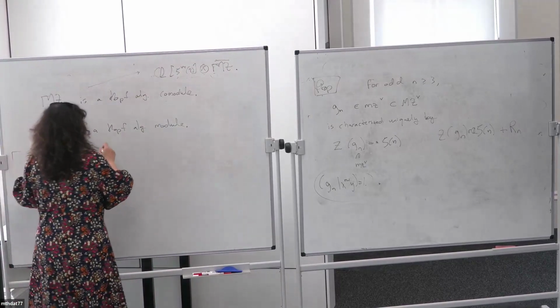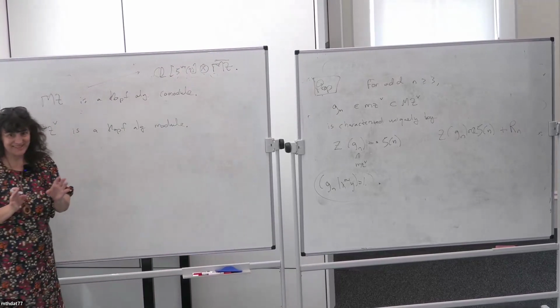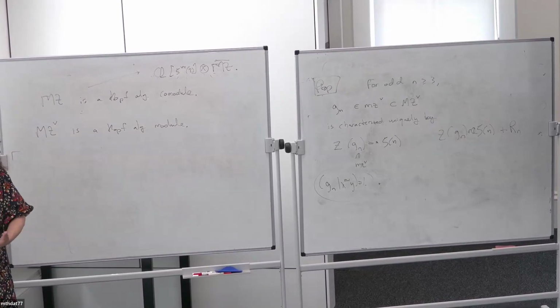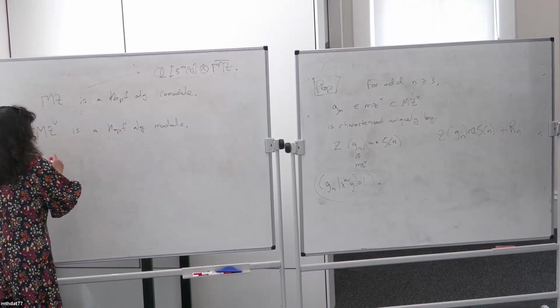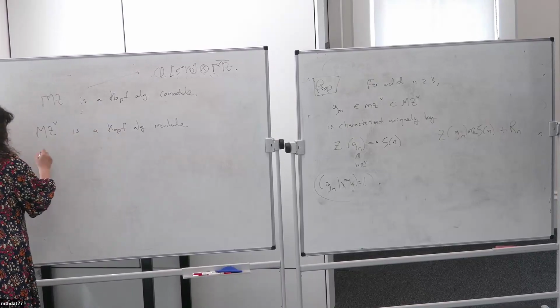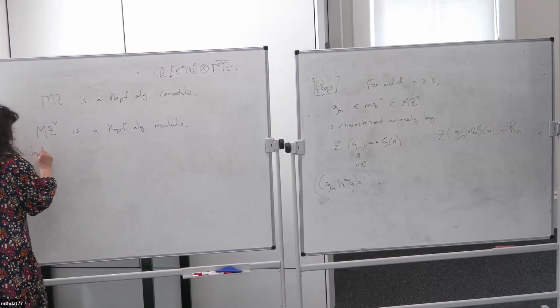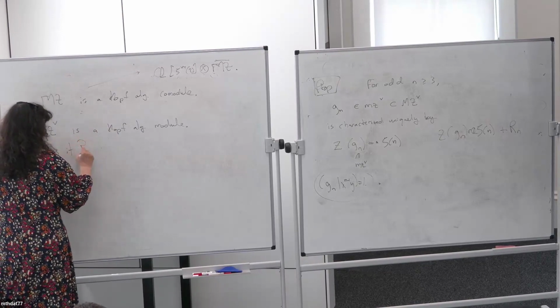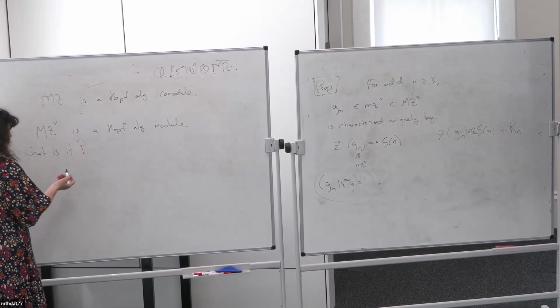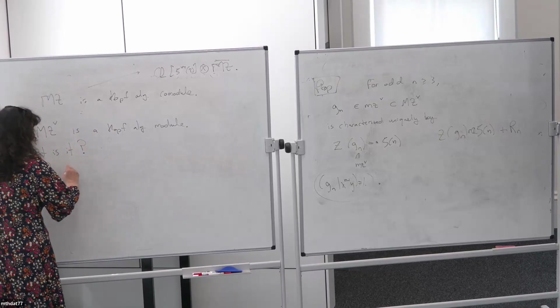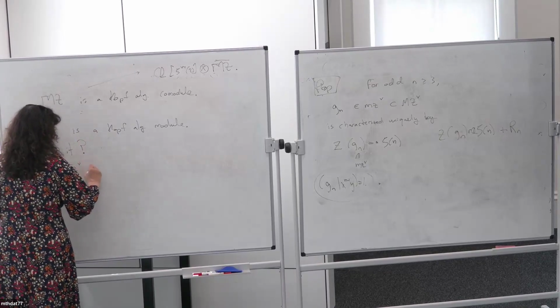And so this is going to be the same, okay? Well, it isn't going to be the same. It's going to be the dual. So what is the dual? What is this module? So to say what this module is, what is its description? Okay, so first remark, this one is a Hopf algebra.